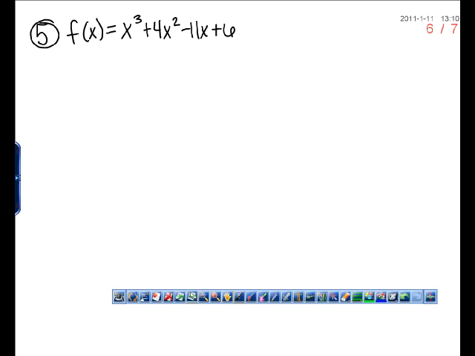Possible factors. So we're going to think about P over Q. So you can come up with your list of possible factors. Factors of the constant over factors of the coefficient.